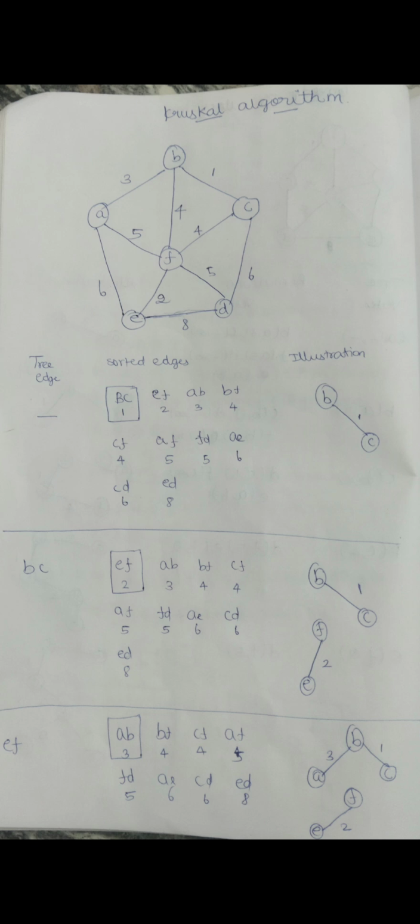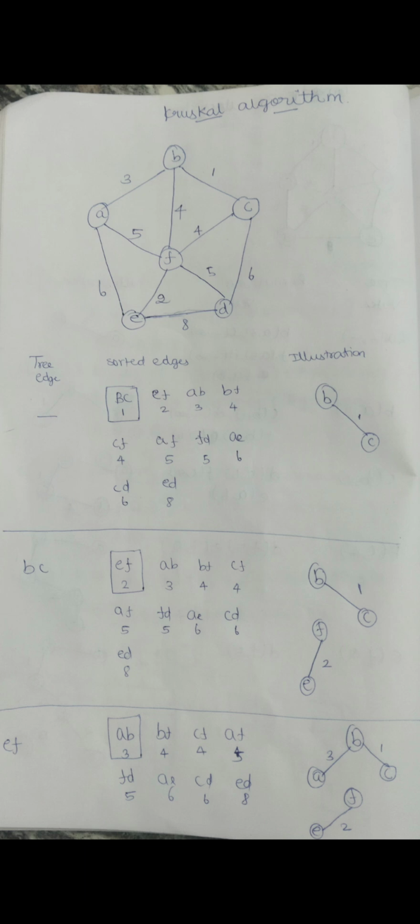This is the smaller. So take BC, which has weight 1. To draw the tree we take B and C as vertices. So B and C are the visited nodes, visited by the vertices.